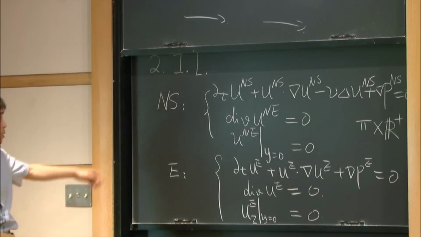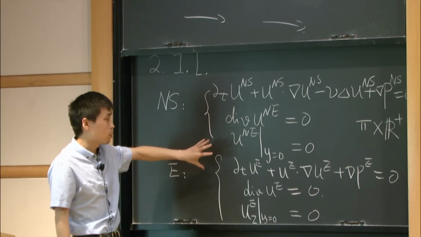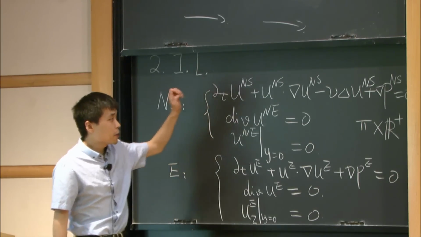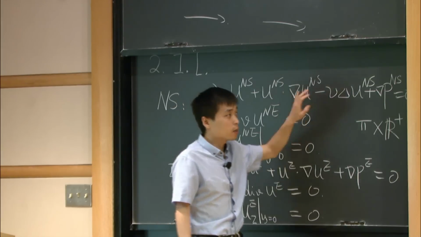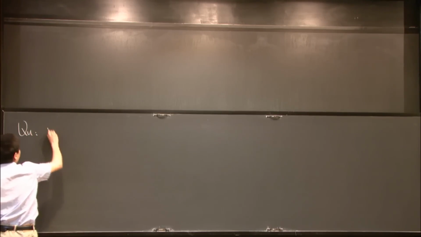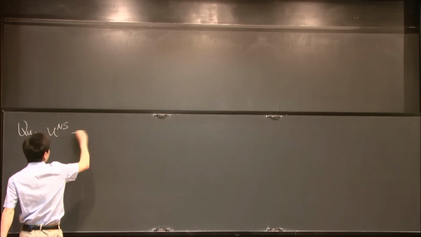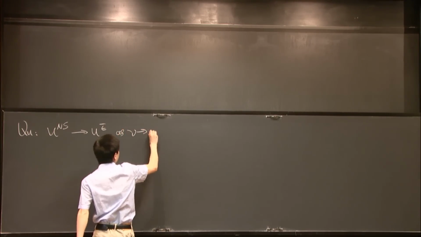Because these two equations are very similar, a natural question to ask is: if you send the parameter nu to 0, does the Navier-Stokes equation converge to the Euler equation as nu goes to 0?